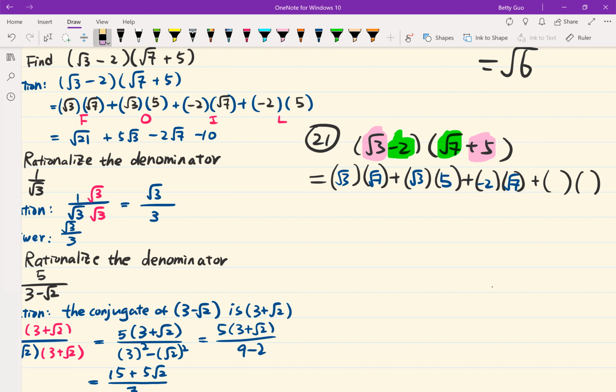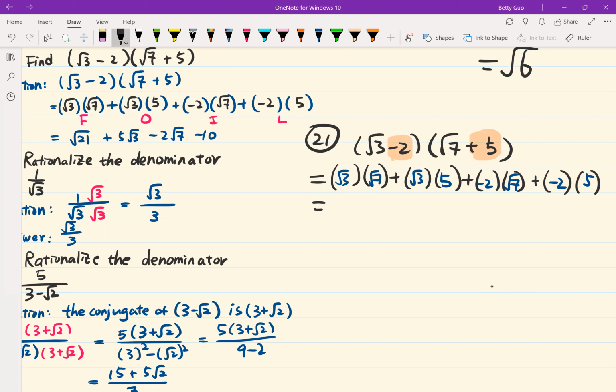Last: what's the last term in the first parenthesis? What's the last term in the second parenthesis? It's -2 and 5, exactly. So this is the last, -2 and 5. Let me double check: first, outside, inside, last. Yeah. And we simplify in the next step.